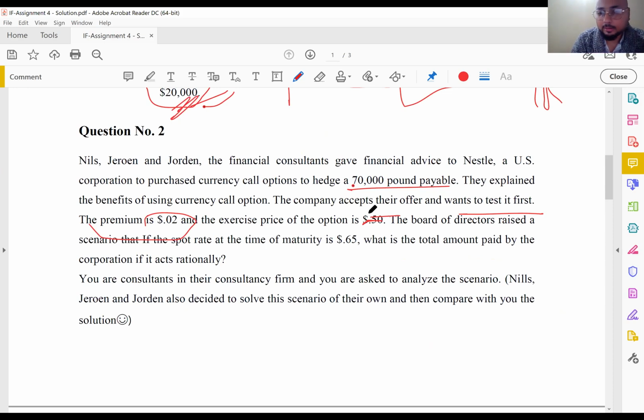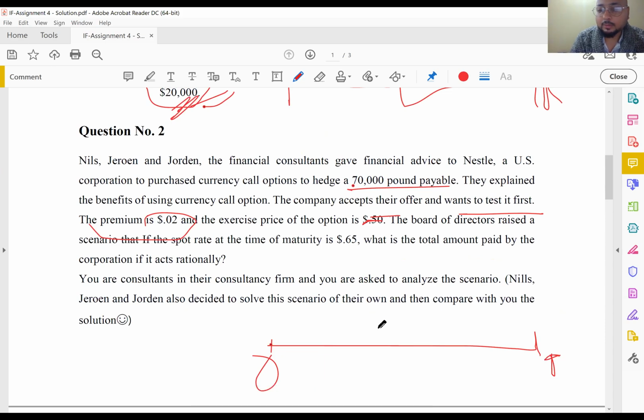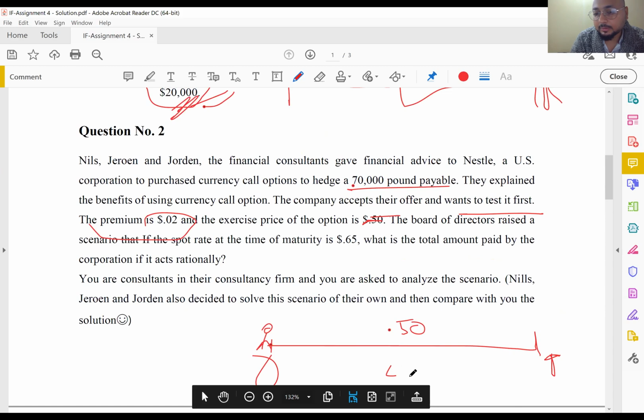So it's like that. We don't know the time period, okay? Don't worry about that. But we know that if this is the time, so the expiration date, the exercise price is 0.50. If you are right now here, you have to pay a premium, which we denote with C because this is a call, and the premium is 0.02, right?